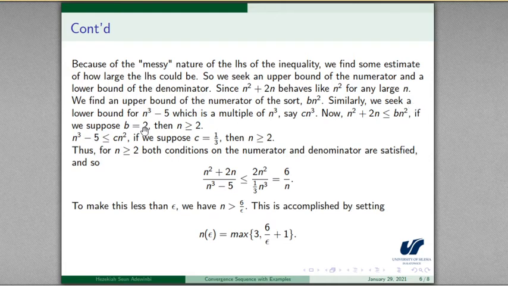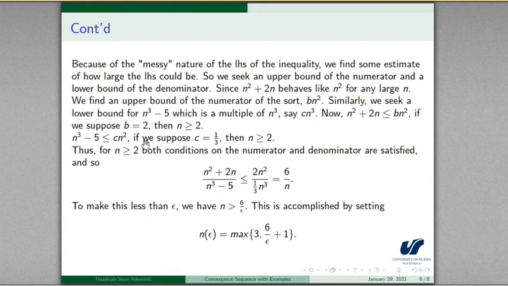So if we suppose that b is equal to 2, and we put 2 here and simplify this further, we get n greater than or equal to 2. Also for this, the inequality is supposed to be greater than or equal to, because we seek the lower bound.